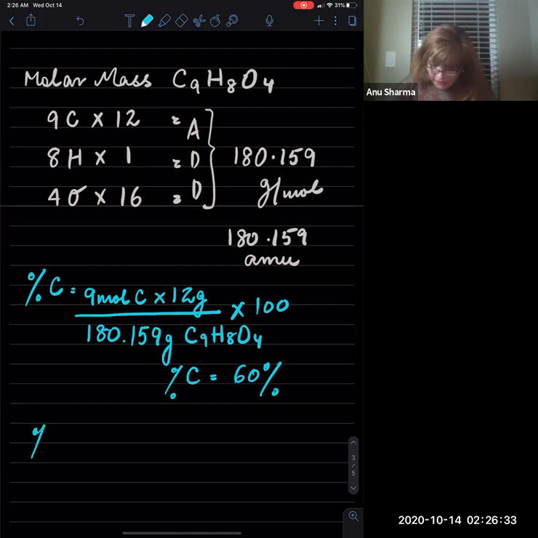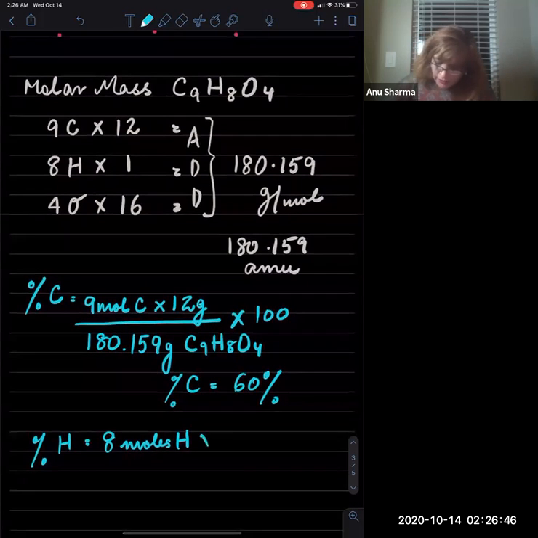Next comes the percentage of hydrogen. We see that there are 8 moles of hydrogen, and each is weighing 1.008 grams.